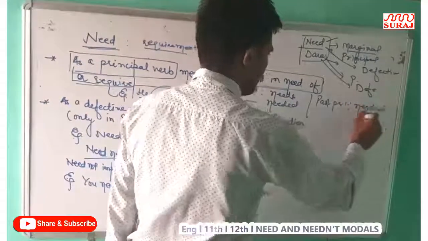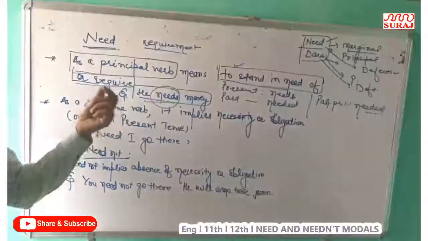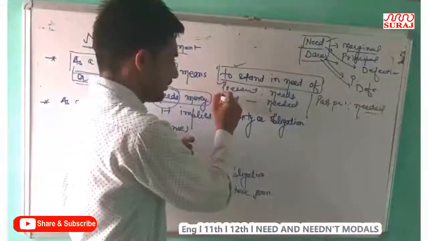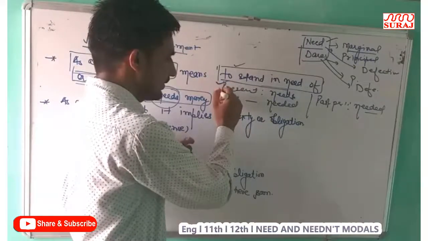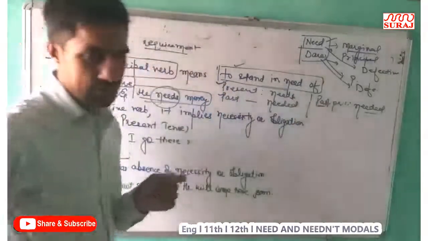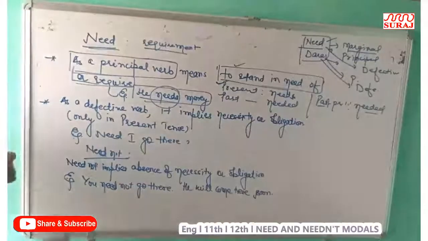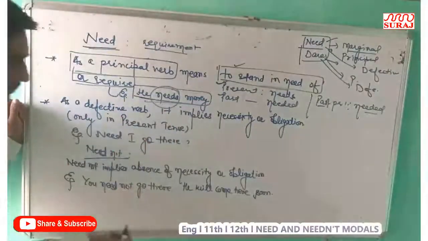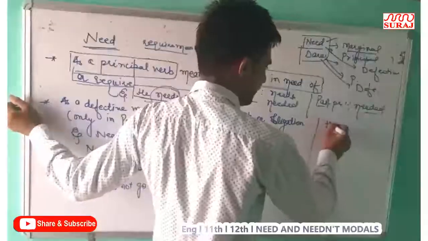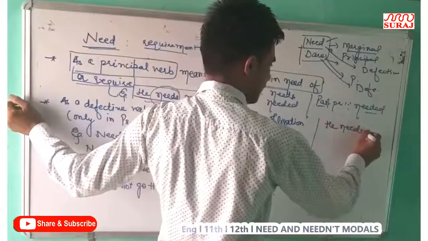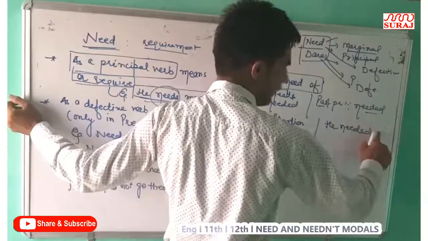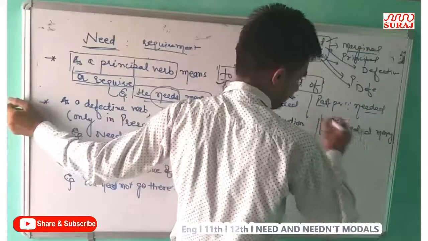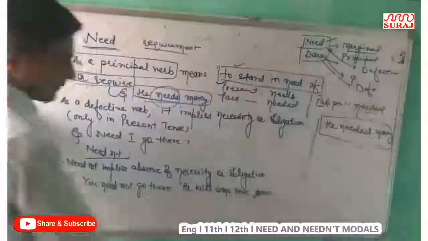It means whenever it is used as a principal verb, it is used in the present tense, past tense, and past perfect tense. For example, he needs money. In another example, we can write, he needed money. This sentence is written in the past tense.